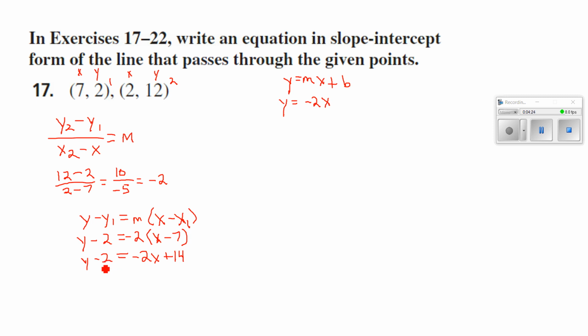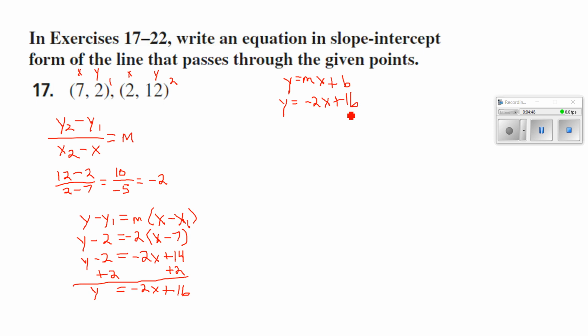Now I have to get rid of this negative 2. I'm going to add 2 to both sides to get rid of it. And that gives me y is equal to negative 2x plus 16. So right here, plus 16 is our answer.